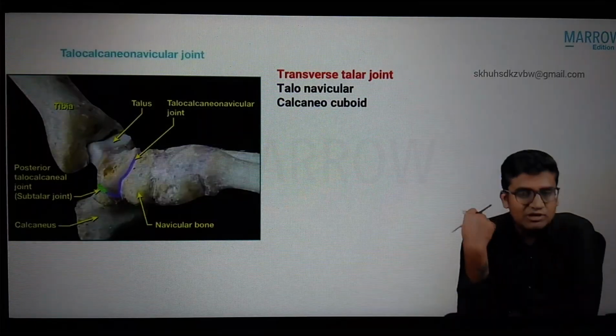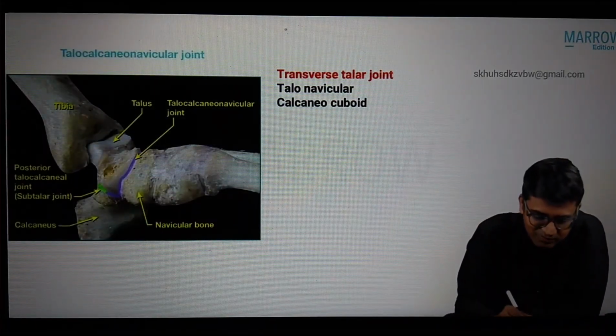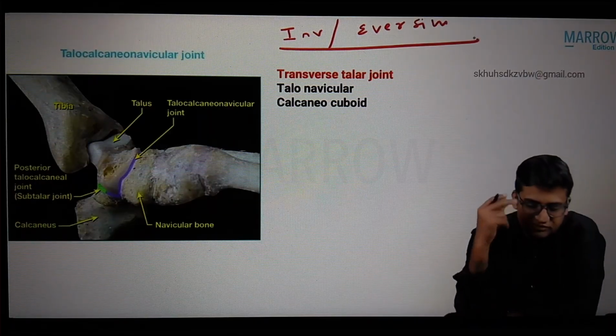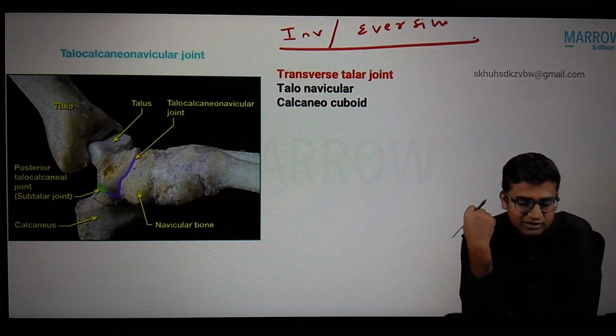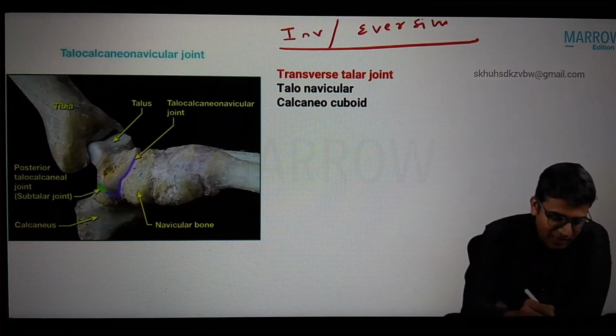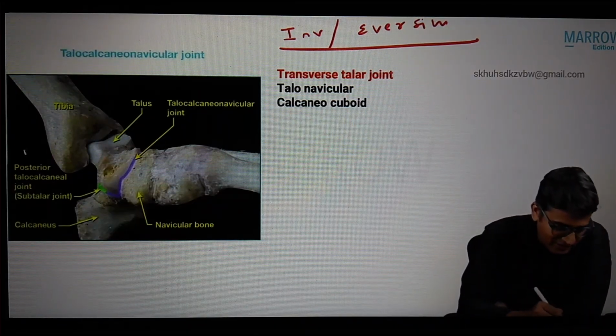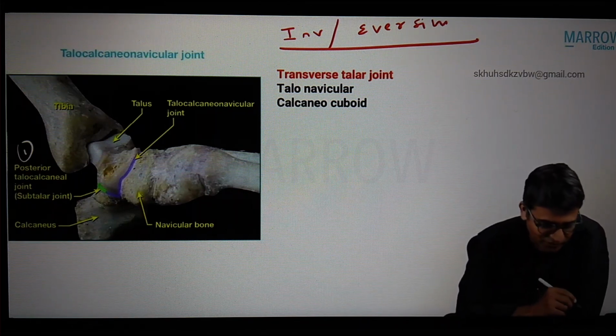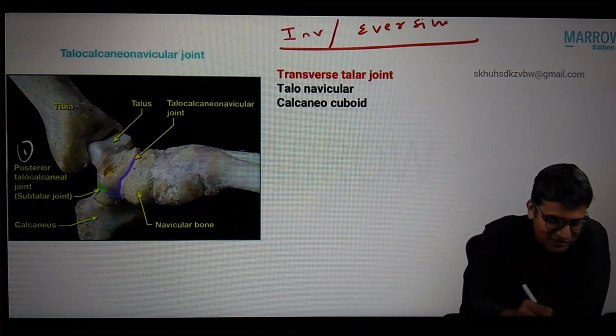Okay, right. So now we're going to discuss one peculiar movement, inversion and eversion. Inversion and eversion are movements occurring at three joints. Number one, the subtalar joint. The subtalar joint is also known as the posterior talocalcaneal joint.